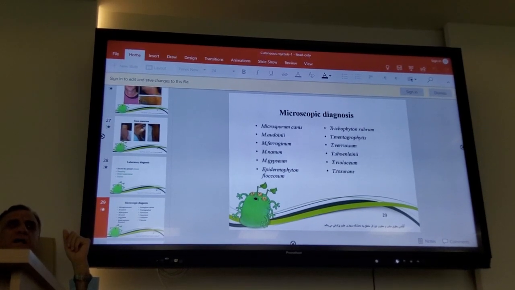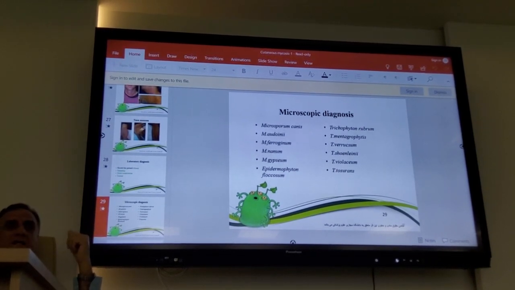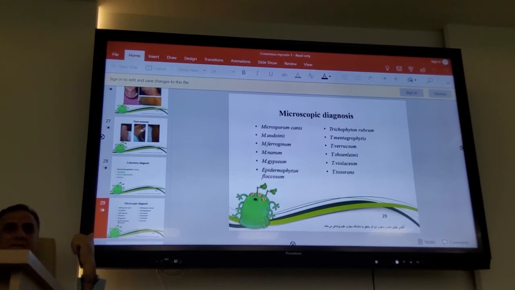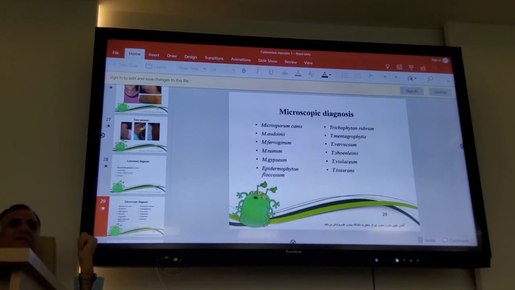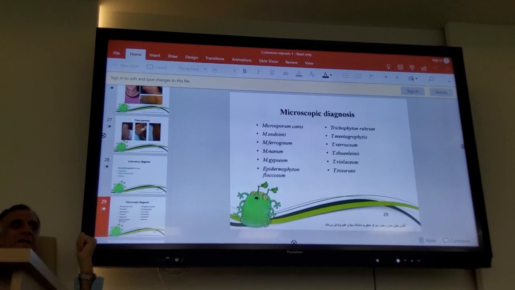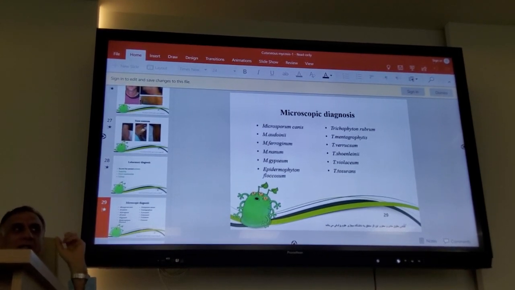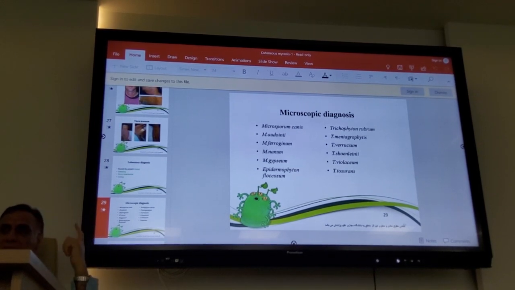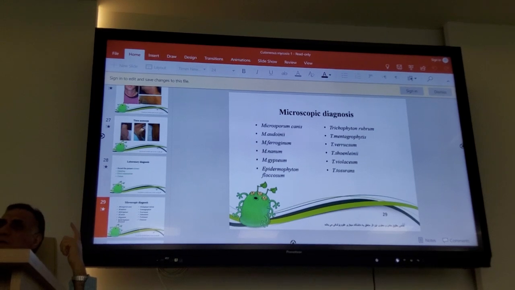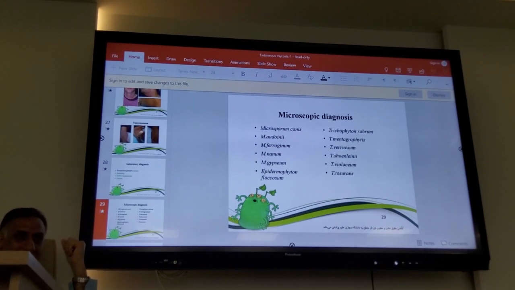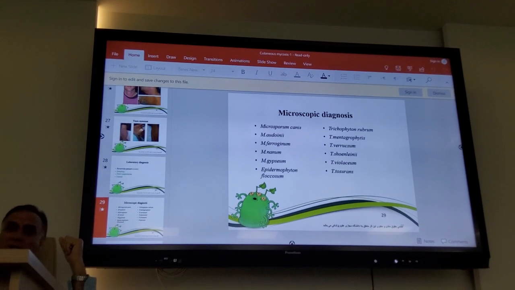Yes, it is good, but not enough. Why must we find the source of dermatophyte? For prevention. It is the good answer.